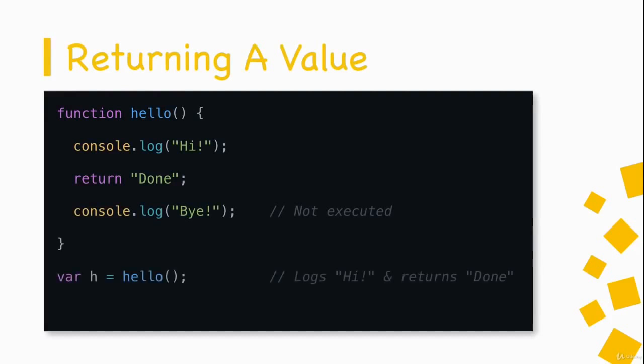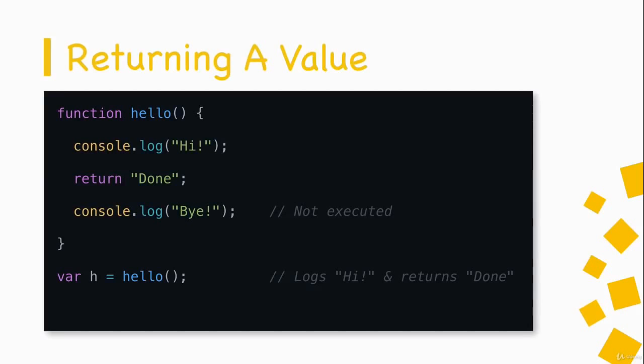Now when we call this function by typing in hello and then the pair of parentheses, then we get the text hi logged to the console, and at the same time, the function returns the string done as the returning value, and this value is replaced with the function call. So hello and then the pair of parentheses is actually replaced with the string done.